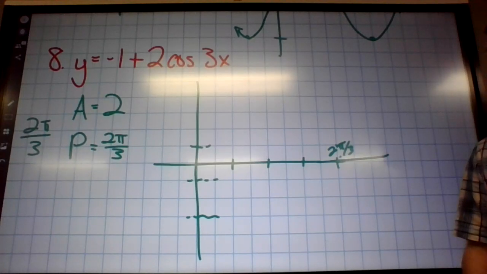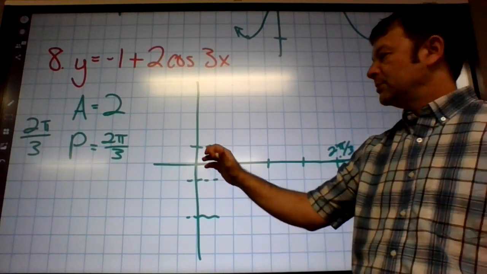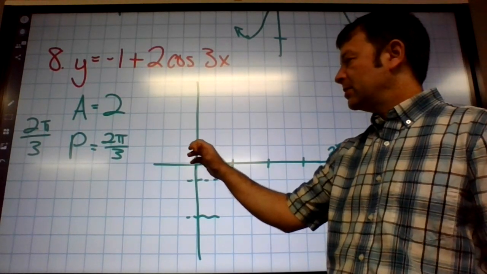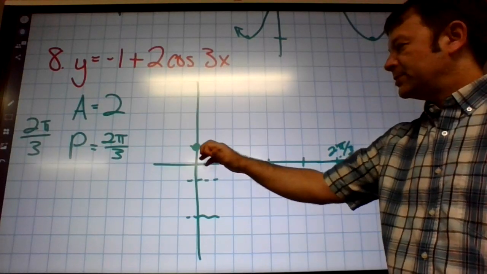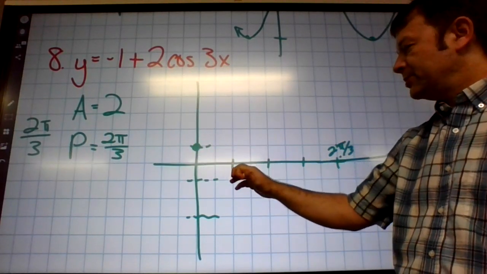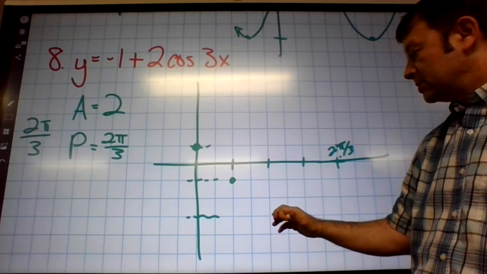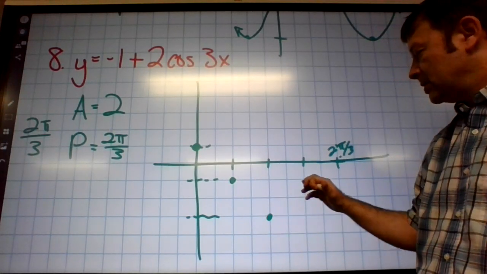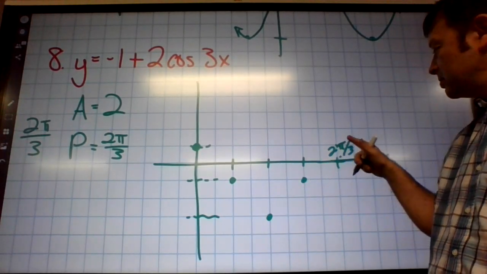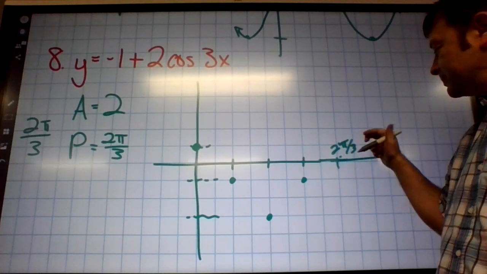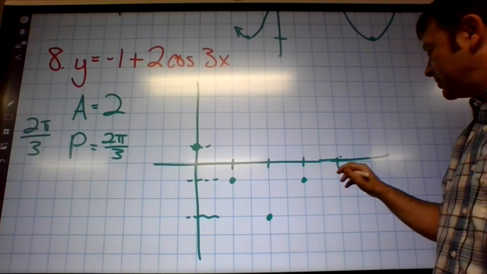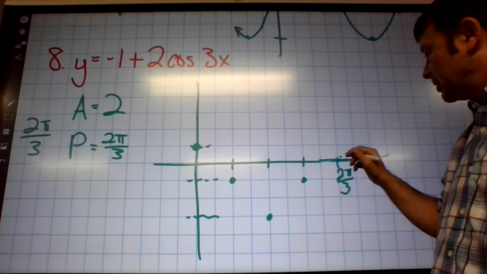Where does cosine start at? Top. So if your graph starts at the top, there's nowhere else to go but to the middle, which is at -1. To the bottom. Into the middle. And to the top.